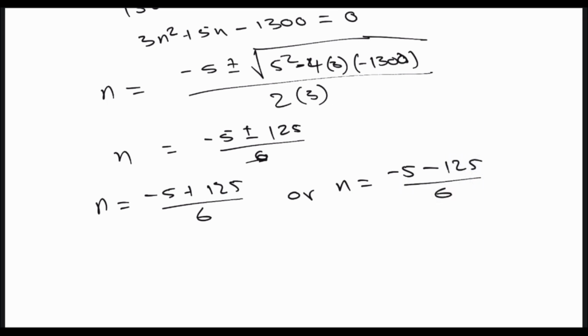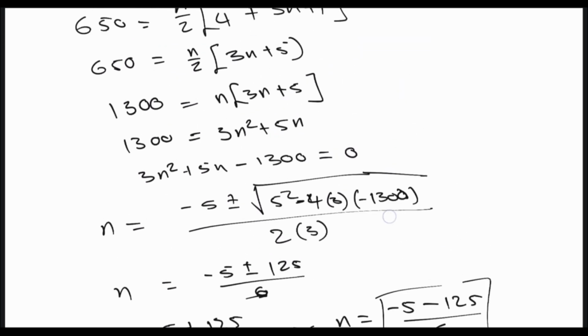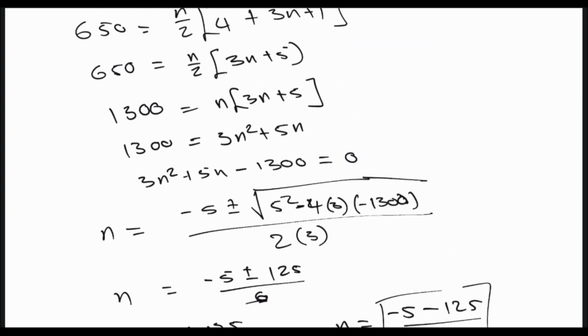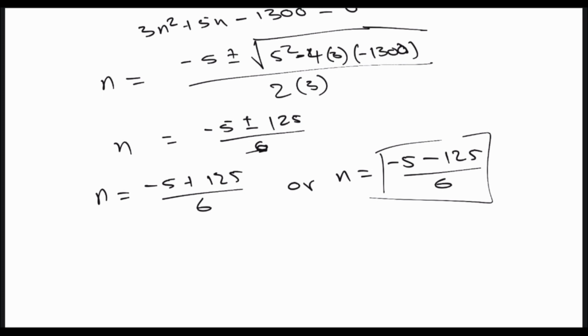So here you can automatically disqualify this. Why? Because this is a negative number, right? And we cannot have a 650 when we have a value of n equaling a negative position. Do you understand? I hope you do understand that.